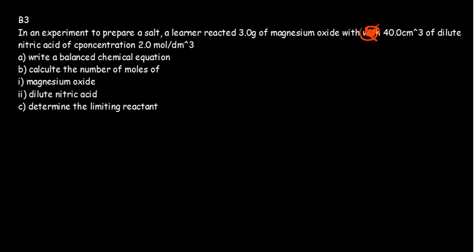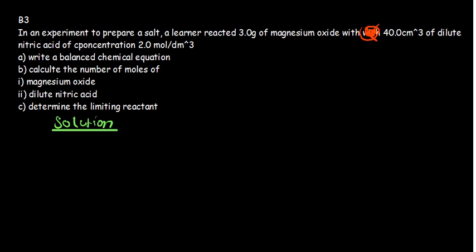So the first question is asking us to write a balanced chemical equation. It would be very easy for us to take the approach of first writing the word equation.